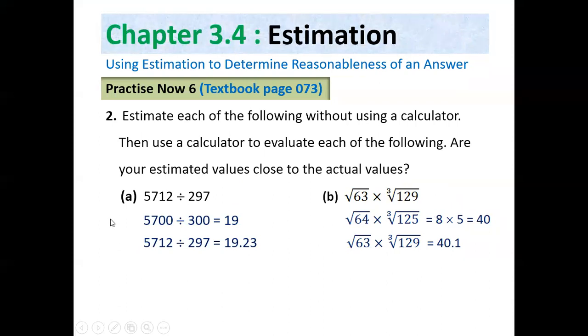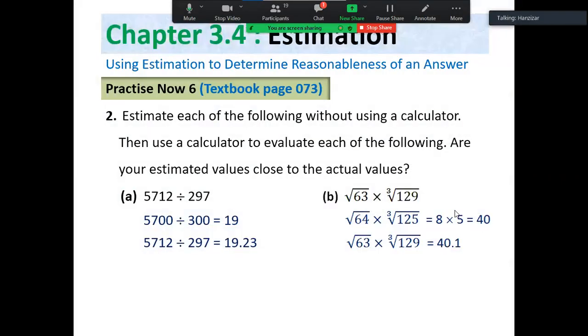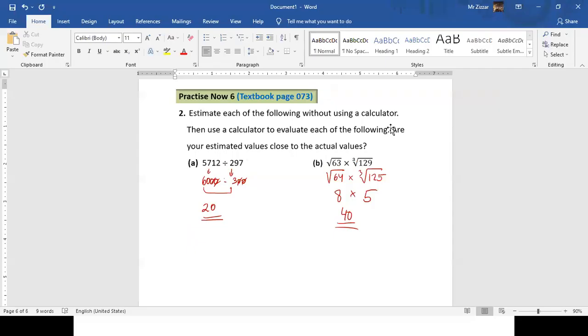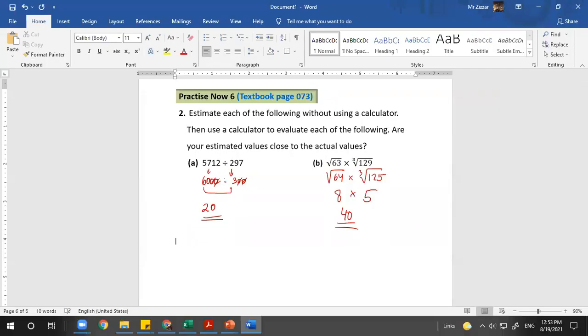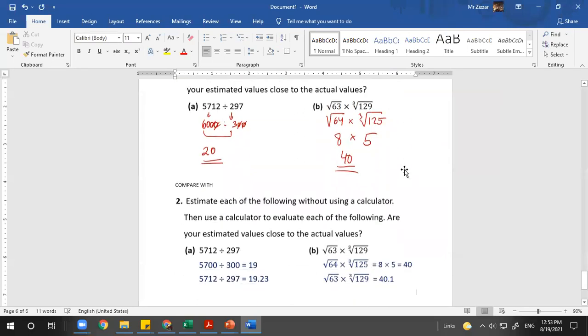They want to round into 5,700. It's okay, no problem, right? So the answer will be close, right? 19, 19.23 and 20 are quite near, right? So these are the other possibilities. Okay, again, I will print screen this to you, and you have to compare with this.